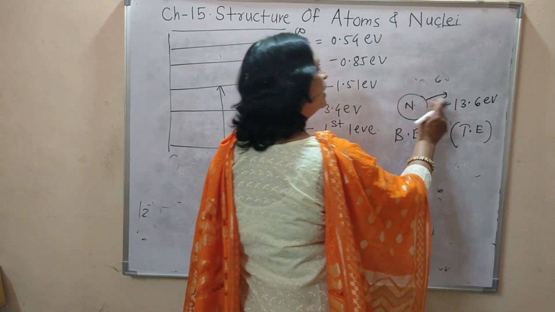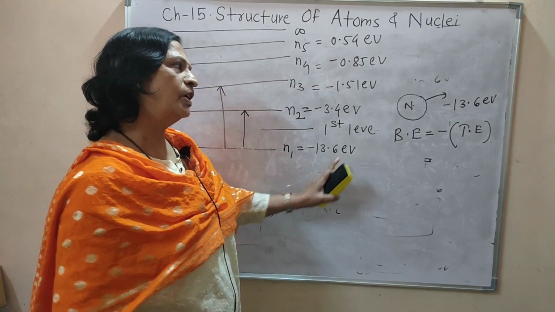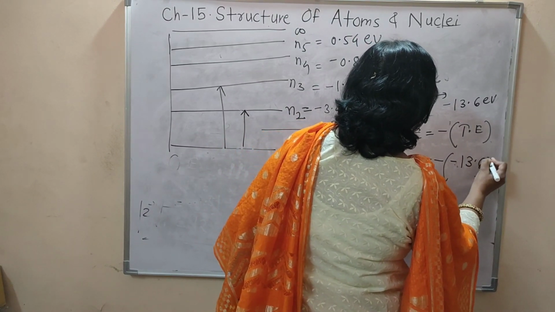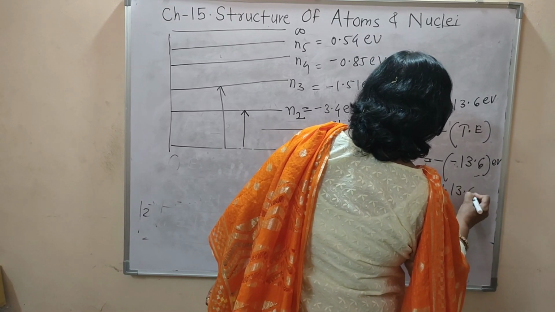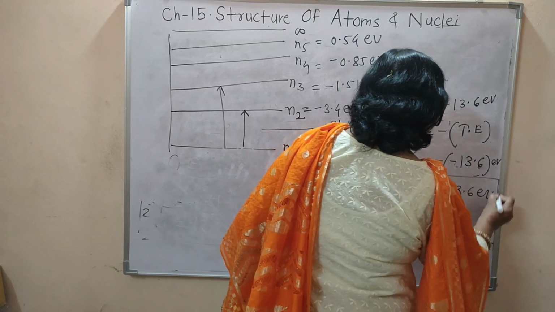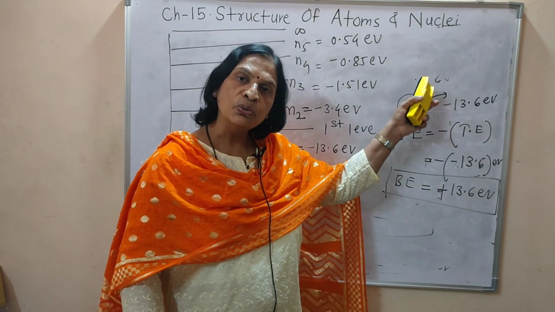Then in the ground state the electron has energy -13.6 electron volt, and minus of that becomes plus 13.6 electron volt, meaning this is the energy required to set the electron free from the nucleus.